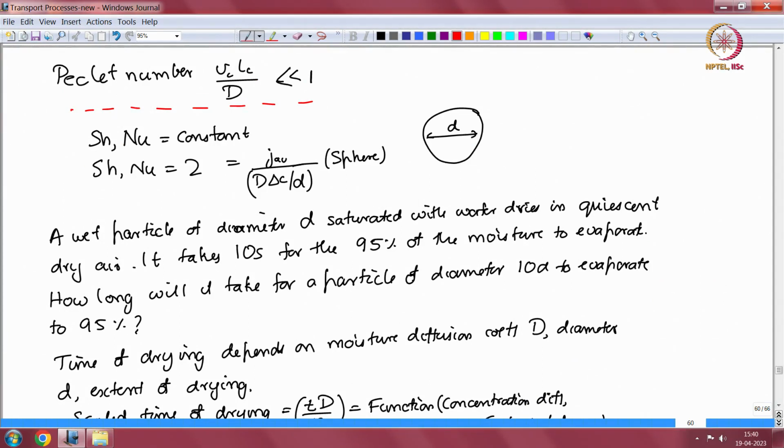When the Peclet number is small, velocity is no longer a parameter. Therefore, the Peclet number and the Reynolds number are no longer parameters. Transport is due to diffusion, and the Sherwood and Nusselt numbers have to be constants. That is a dimensional necessity. And as I said, for the flow around a particle, the Sherwood and Nusselt number have to be 2.